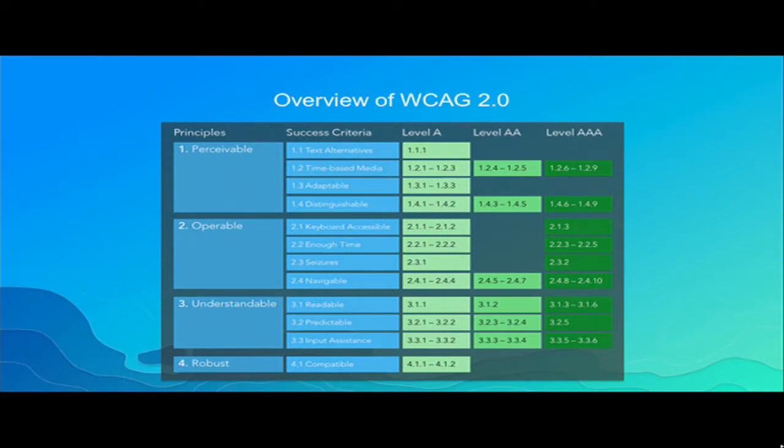The second principle of the Web Content Accessibility Guidelines is operable. The user must be able to perform actions in the way the user can. So you cannot require the user to use a mouse to use the website. You have to provide a second way for keyboard users.